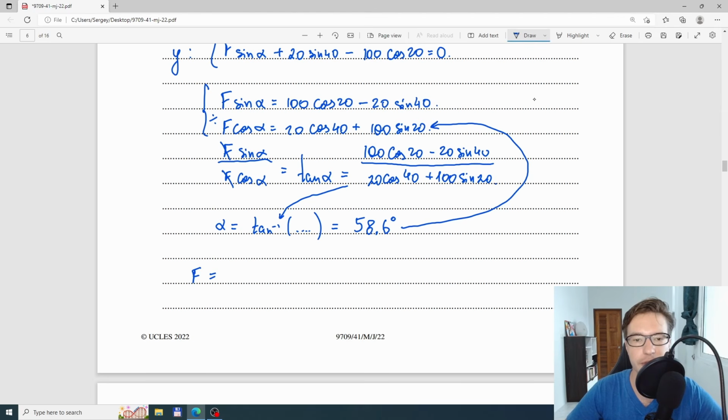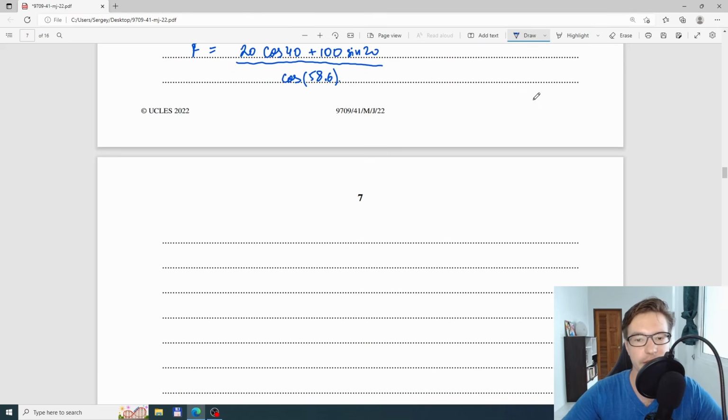So F is going to be 20 cosine 40 plus 100 sine 20 over cosine 58.6. Now, substituting this into the calculator gave me 95.05.